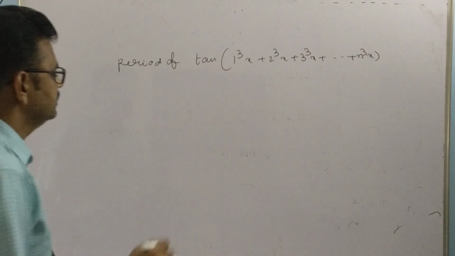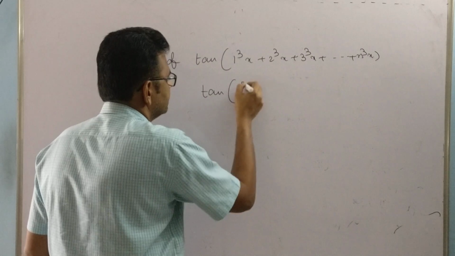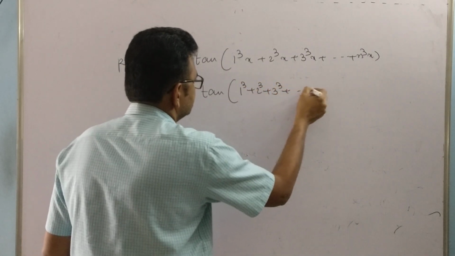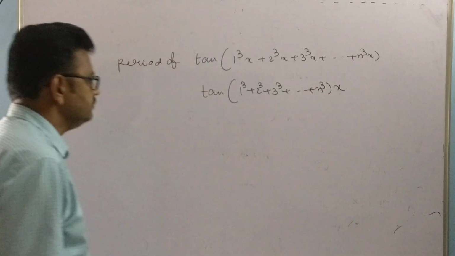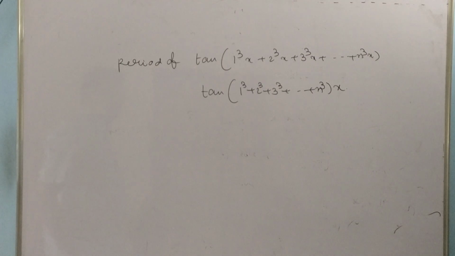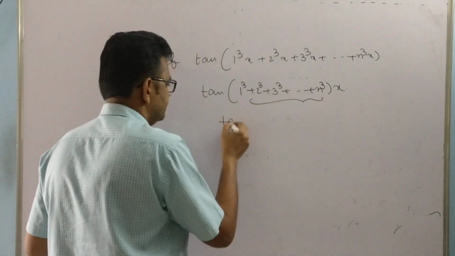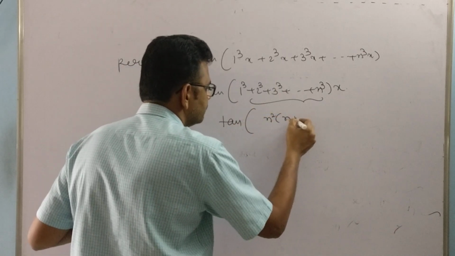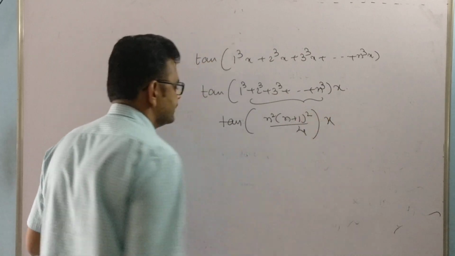If you take x common, tan of 1 cube plus 2 cube plus 3 cube plus and so on n cube, of x. This is sigma n cube. Tan of sigma n cube is what? N square into n plus 1 whole square by 4 of x.